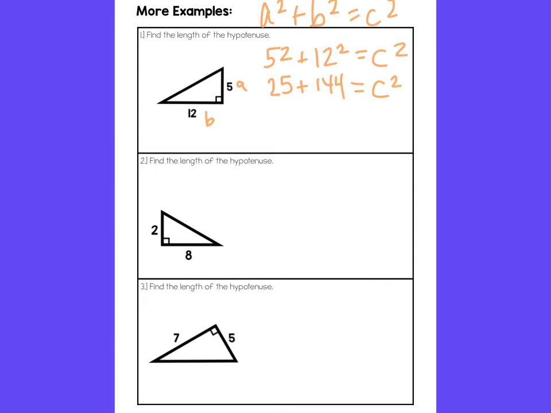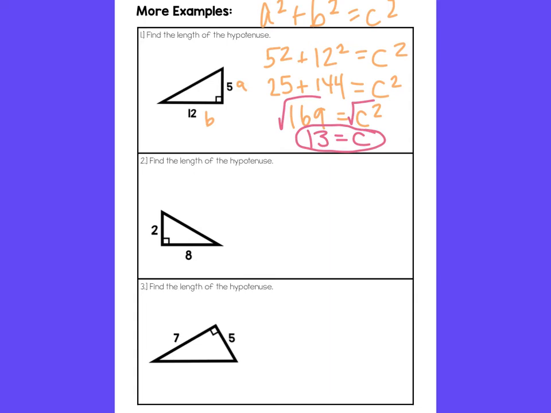So now I'm going to add 25 plus 144, which equals 169, equals c squared. Now remember, we want to find just c, so we have to do the inverse of squaring a number, which is to take the square root. And the square root of 169 is 13. So c equals 13.